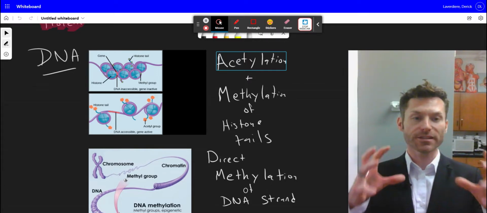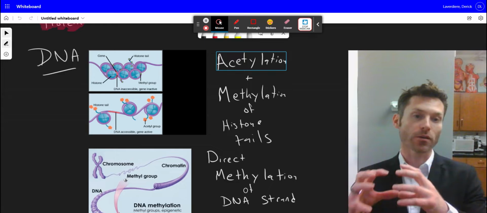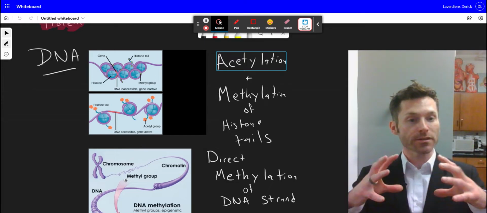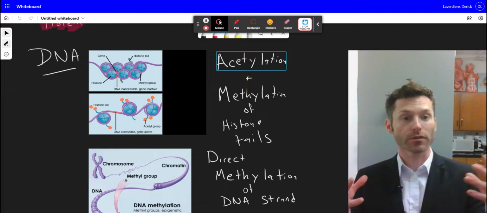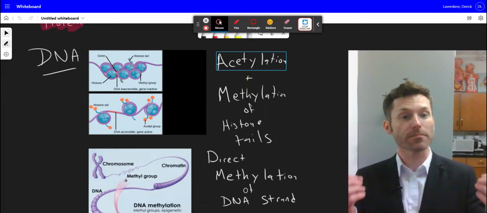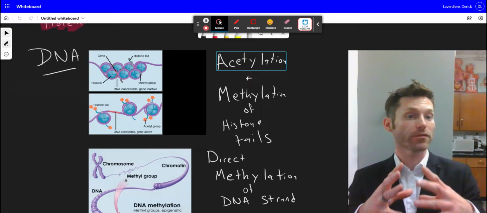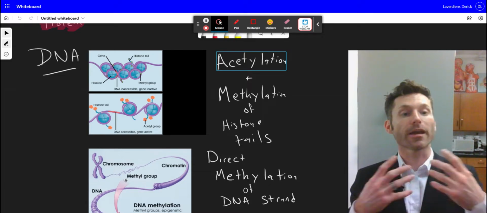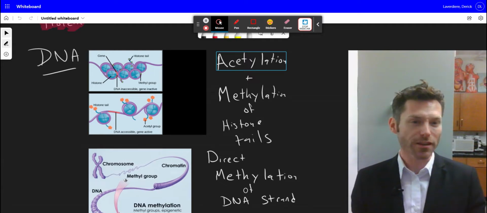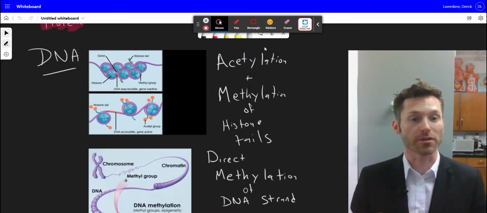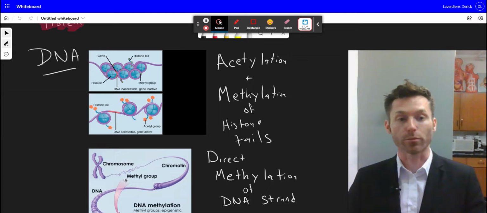If we place an acetyl molecule on that histone tail, it loosens the winding of the DNA around that histone. More often than not, this makes those genes that were previously inaccessible accessible to our RNA polymerase. So effectively, acetylation is going to be turning on genes that were previously off.